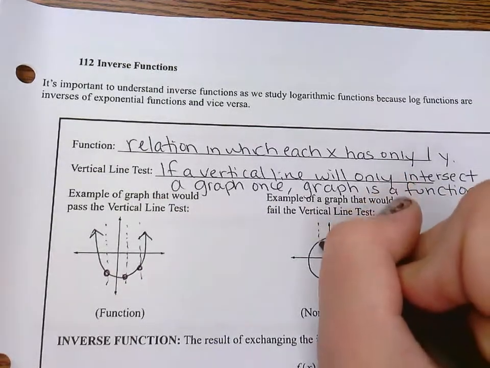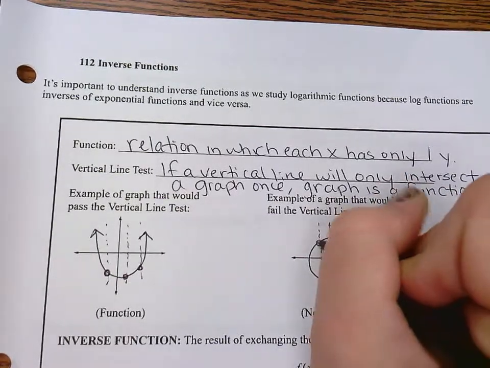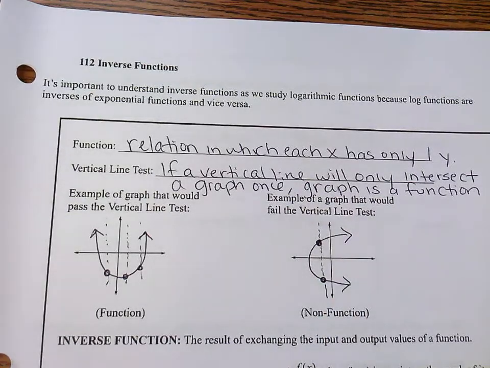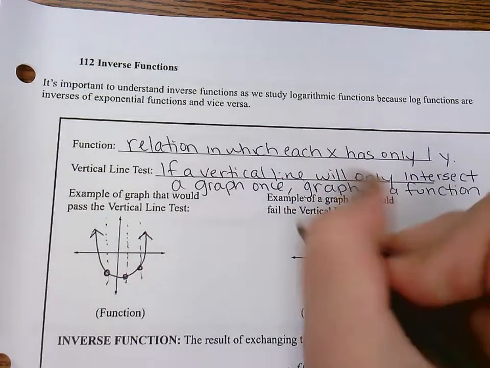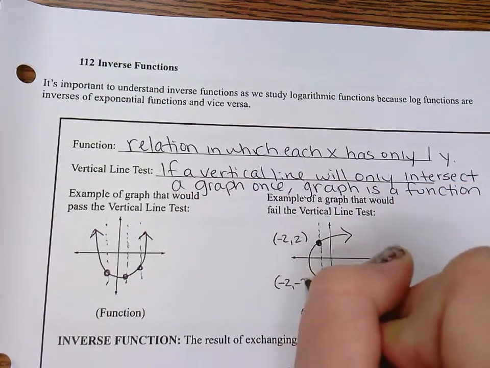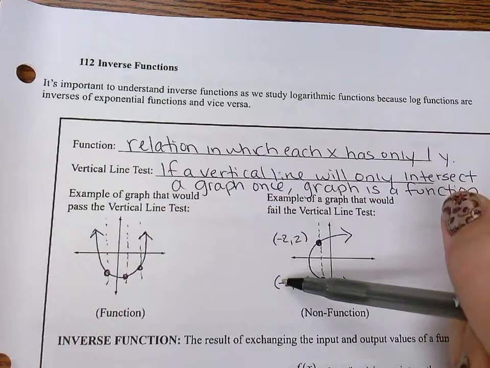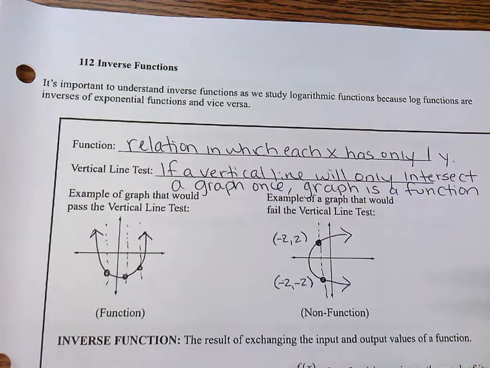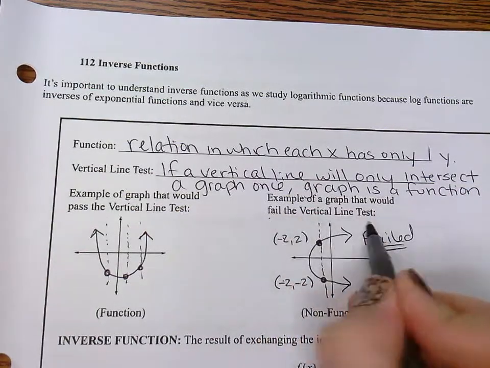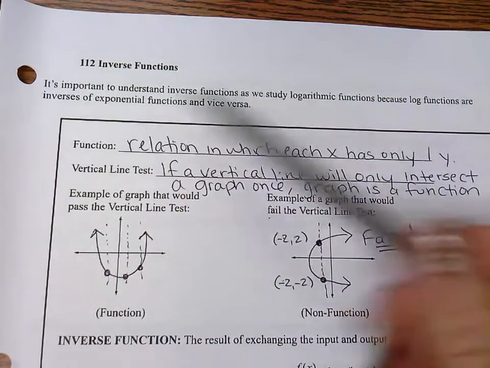If I draw a vertical line here, I hit two different points on my graph, and they would both have the same x value. Like this might be (-2, 2) and this might be (-2, -2). So the same x value has a different y value. That is not a function; it failed the vertical line test, which we've been using this year.